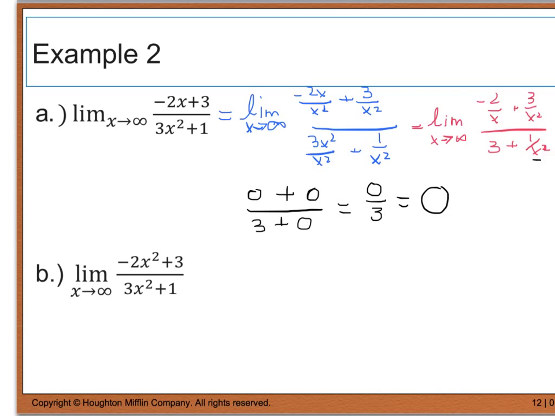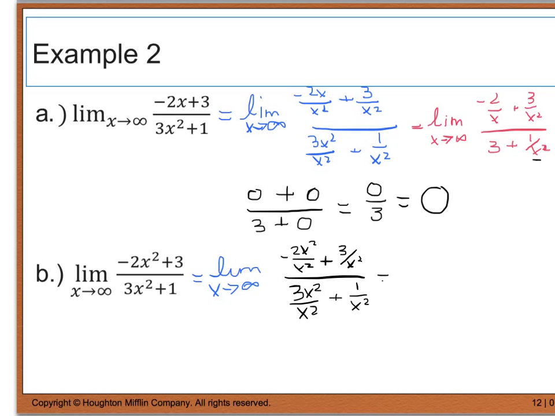Now in part B, we're going to do the same process where we take the limit as x approaches infinity, and I'm going to divide by the highest degree of my denominator. Looking down here, I still have that x squared term. So let's divide each piece by x squared. So I have negative 2x squared divided by x squared plus 3 divided by x squared, all divided by 3x squared divided by x squared plus 1 divided by x squared.